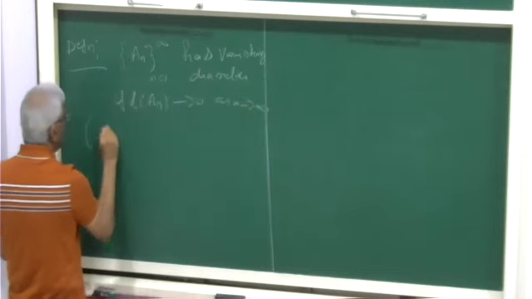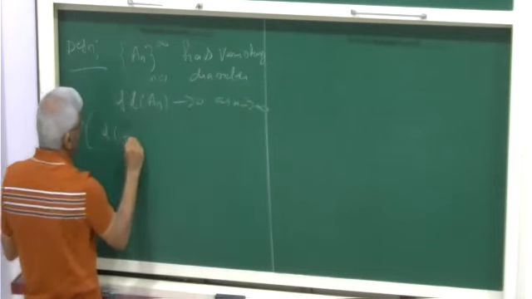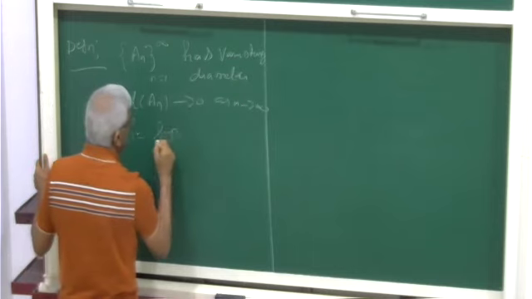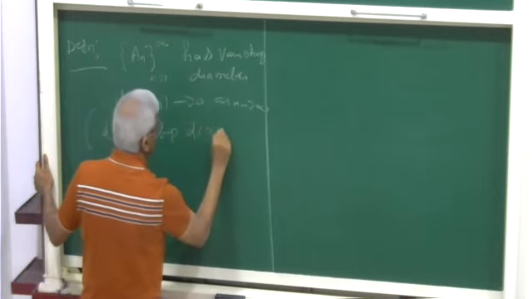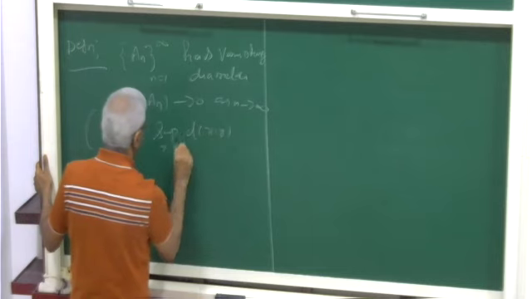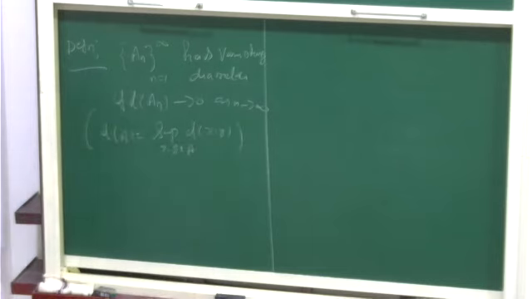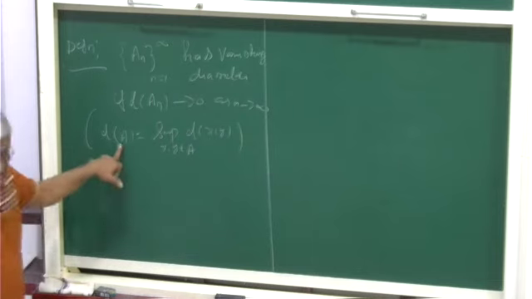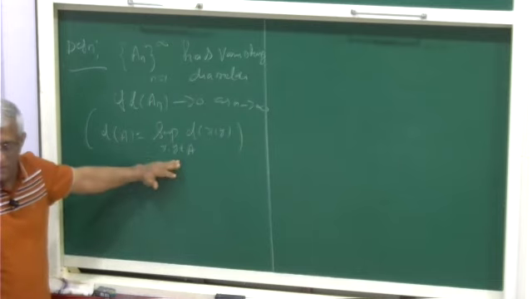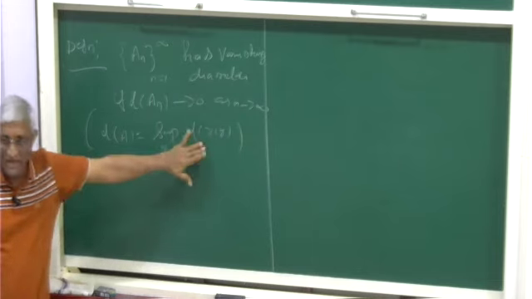What is d_n? The diameter of a set A is defined as the supremum of d(x, y), for x, y in A. You take the maximum distance.